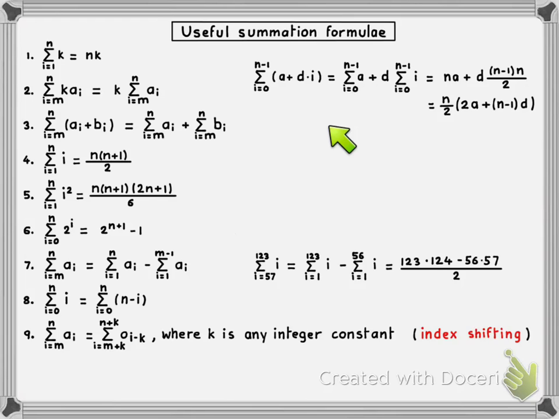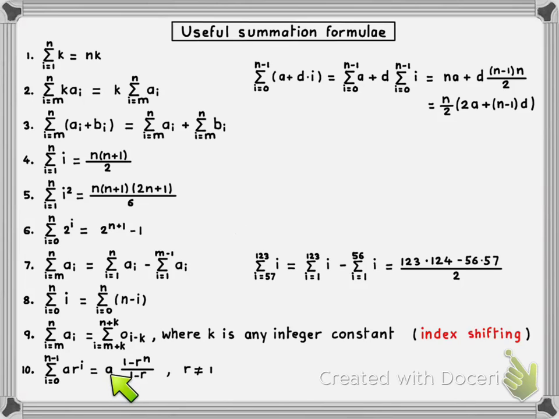Now, remember up here we computed the value of the sum of the first n terms in an arithmetic progression. So how about this sum, which is the sum of the first n terms in a geometric progression? Remember that a is the initial term and r is the common ratio. Well, here is the formula.